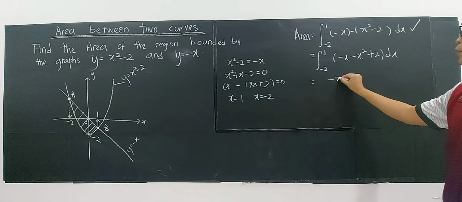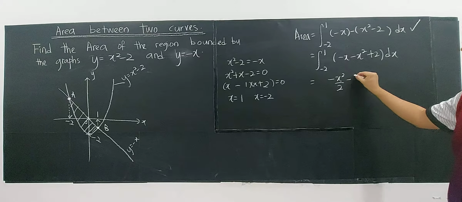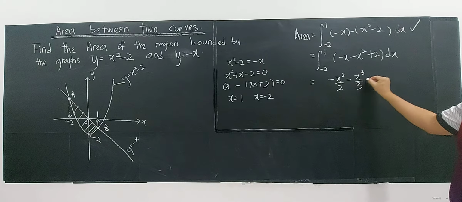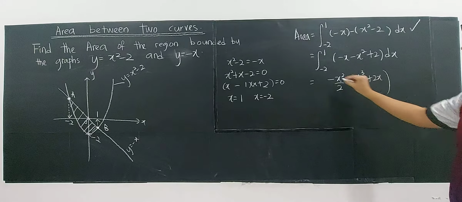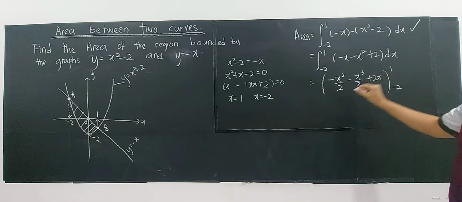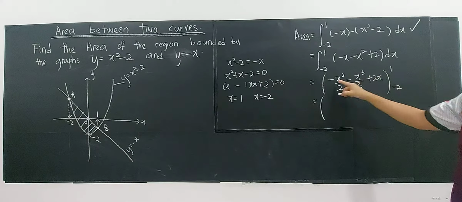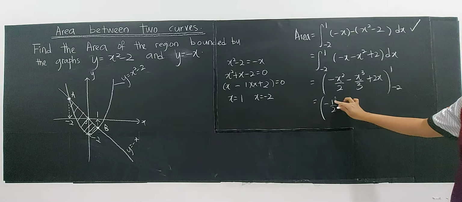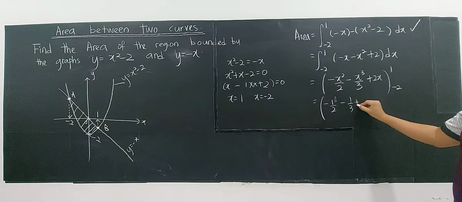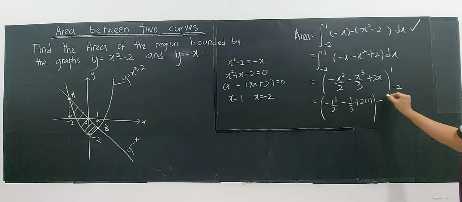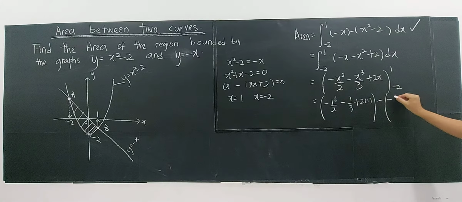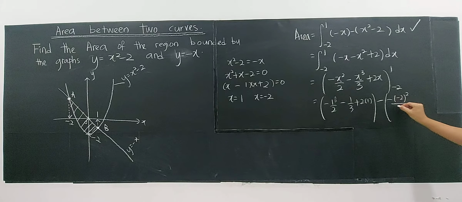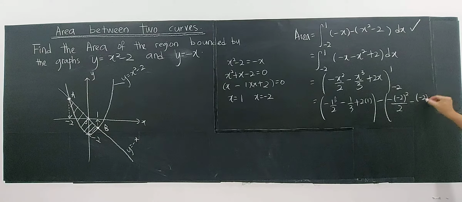As you integrate, you get negative x squared over 2, minus x cubed over 3, plus 2x, from negative 2 up to 1. Then you have to evaluate this by putting in the value 1: negative 1 squared over 2, minus 1 over 3, plus 2 times 1, take away negative 2 squared over 2, minus negative 2 to the power of 3 over 3, plus 2 times negative 2.